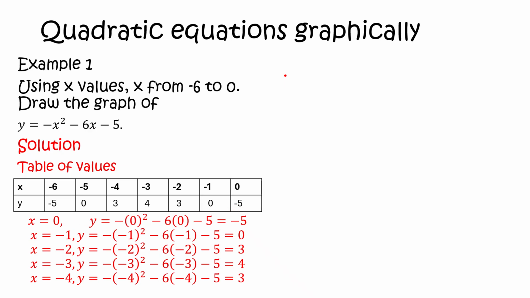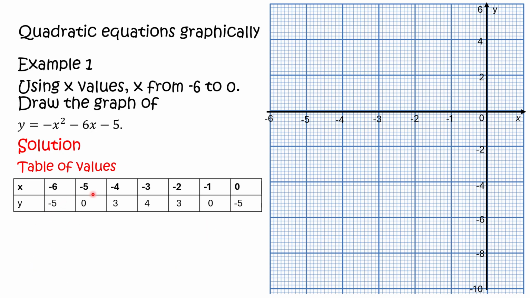From there onwards, we need to make sure that in our graph paper, we cater for each and every value of x and the y. So according to the graph paper I'm using, this one big box is 2 centimeters by 2 centimeters. So for the x-axis, if I use a scale of 2 centimeters to represent 1 unit, that will cater for all the x values I have in the table.